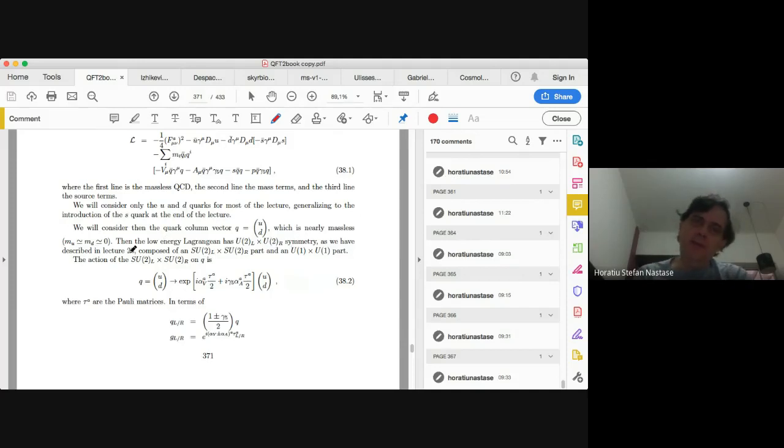So we said a few things about this in lecture 25. I'll remind you what we said later. So U2 cross U2, of course, is decomposed into SU2 left cross SU2 right and U1 left cross U1 right.